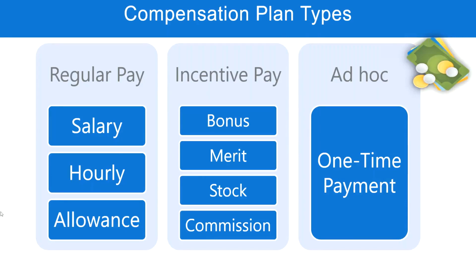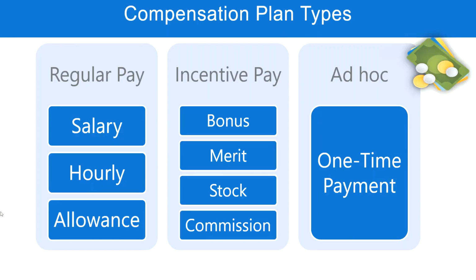They are motivated to sell more, isn't it? So if they sell more, they get more in commissions. So for the sales team, a significant part of their overall annual compensation is their commissions. They have a very low base pay but very high commission component. But again, the commission is incentive pay.